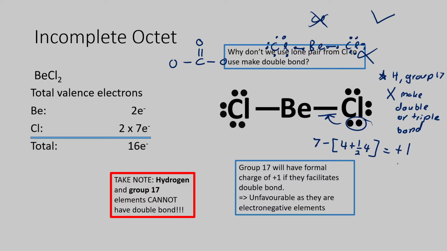Chlorine sangat tak suka plus 1. Kalau you guys tengok, chlorine is very electronegative. Bawah fluorine, dia prefer untuk jadi minus 1. So kalau dia tak buat double bond, dia punya valence electron is 7, minus dia punya lone pairs. Okay, ada 1, 2, 3, 4, 5, 6. Kita ada 6 minus dengan half of dia punya bonding pairs electron.